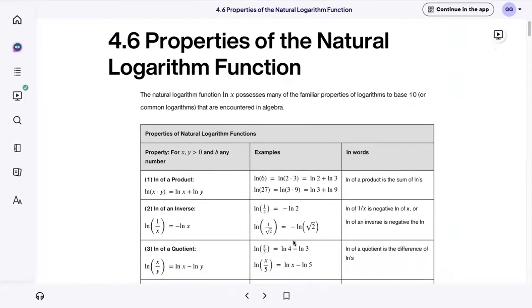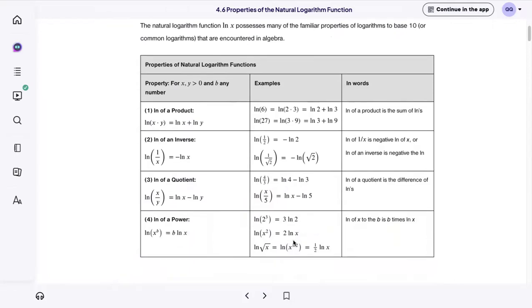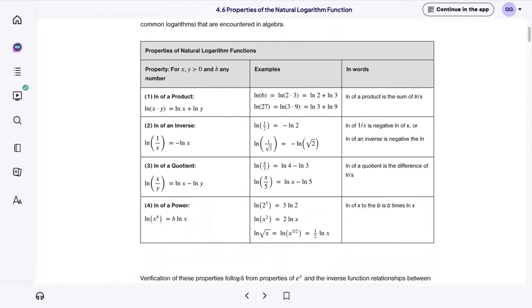4.6 talks about some properties of natural log functions. So I have those properties. If we have a ln of one term times another term, we can split into two logs, right? So log of a product can be split as a sum of two logs. Log of division, right?